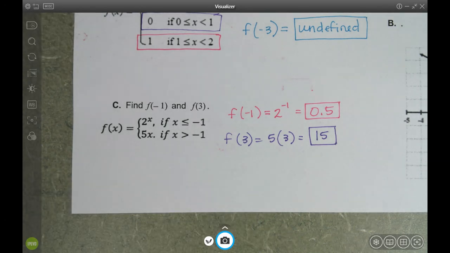You get 1/2 and 15. Sweet. Are you feeling okay so far?